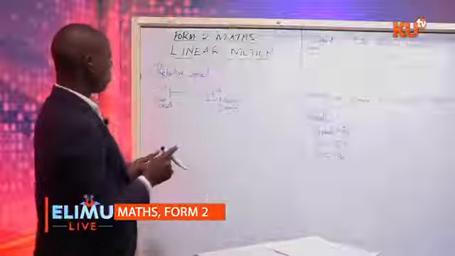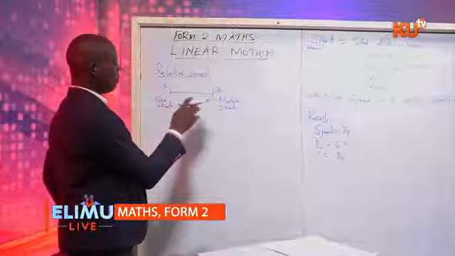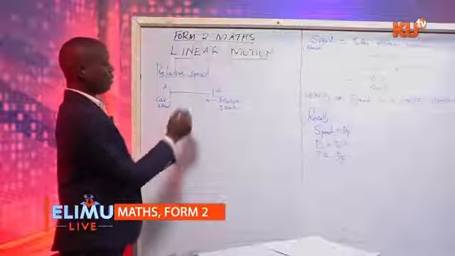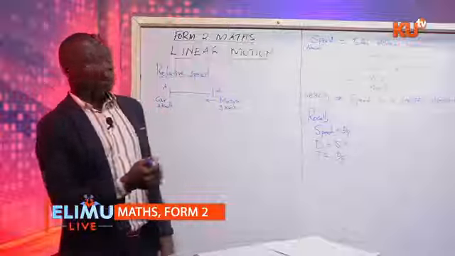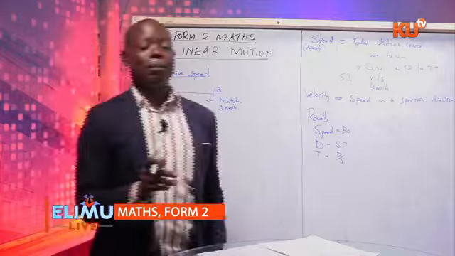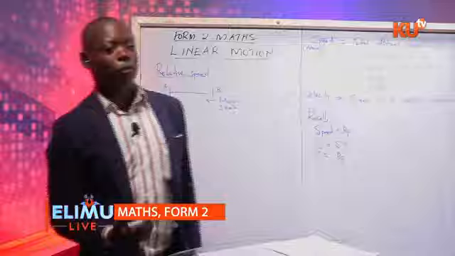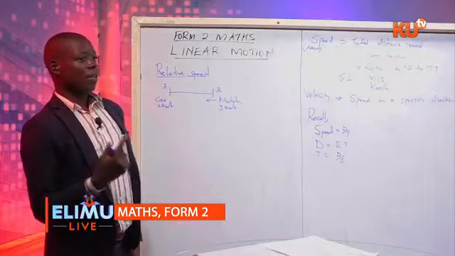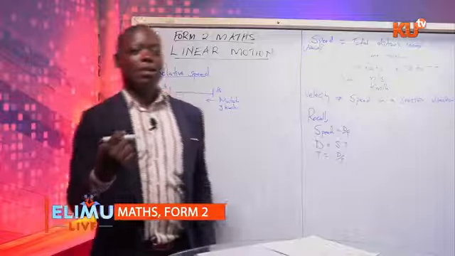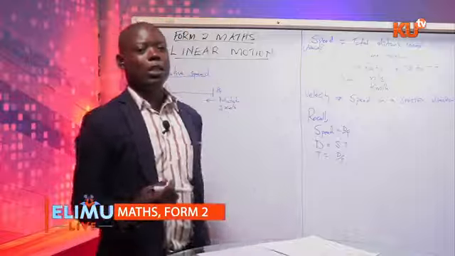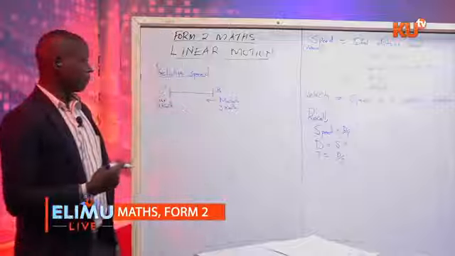But if they are moving along the same path, there is a point where they will overtake each other, whether closer to A or closer to B, depending on which one moves faster. And so that is what we call relative speed.